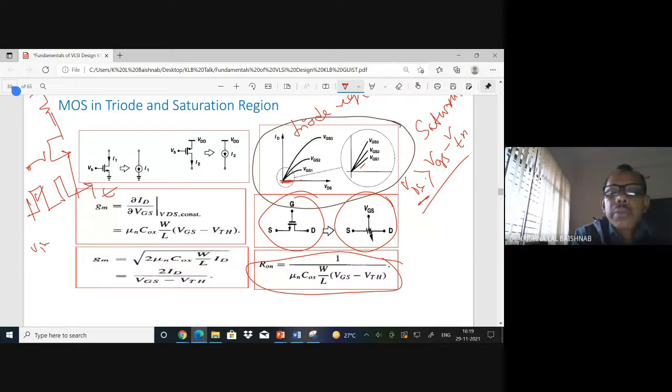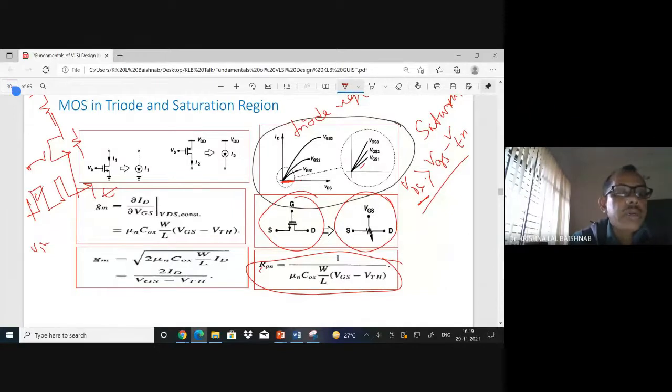The MOS will be in triode region, and then it offers the resistance. Otherwise it is off. On and off, on and off, on and off. And resistance is defined by this one. If high W/L, less resistance. If less W/L, high resistance.